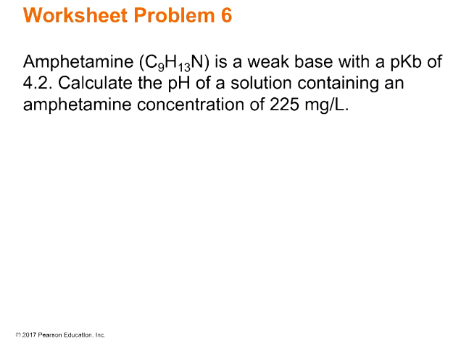This will be very, very similar to how we solve for the pH of a weak acid, but this time we're solving for the pH of a weak base. So let's start how we always do. We're going to write out the chemical equation for amphetamine in water.